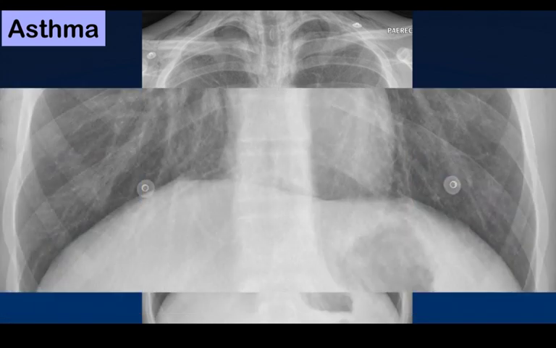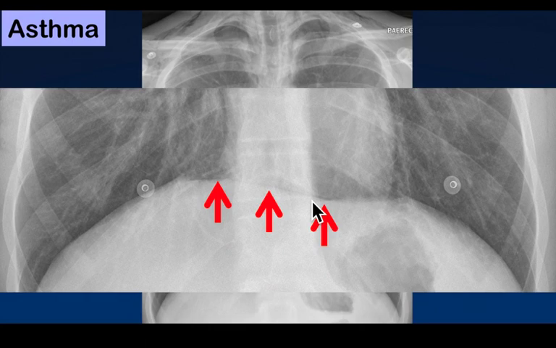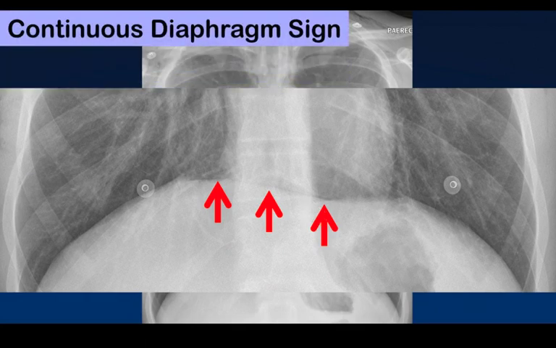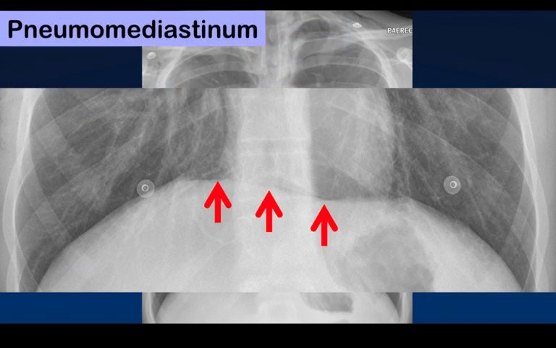What I want to point out, however, is this linear lucency extending across the mediastinum, paralleling the superior aspect of the diaphragm, as shown by the red arrows.